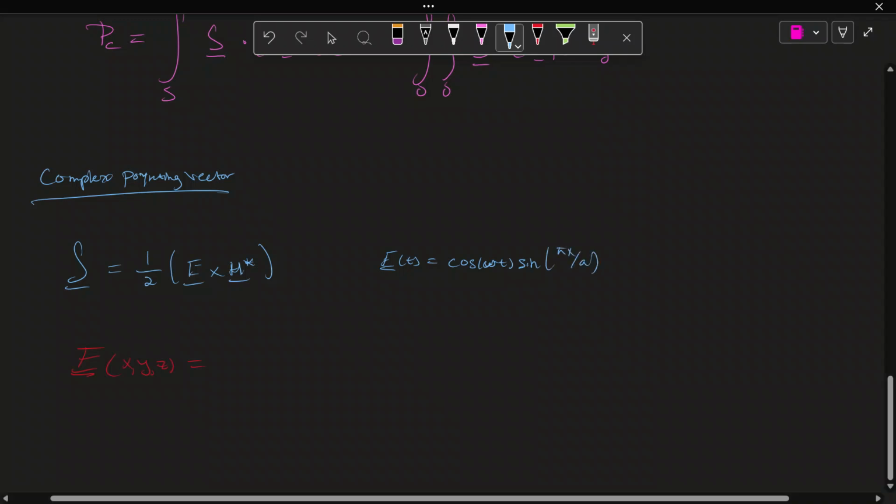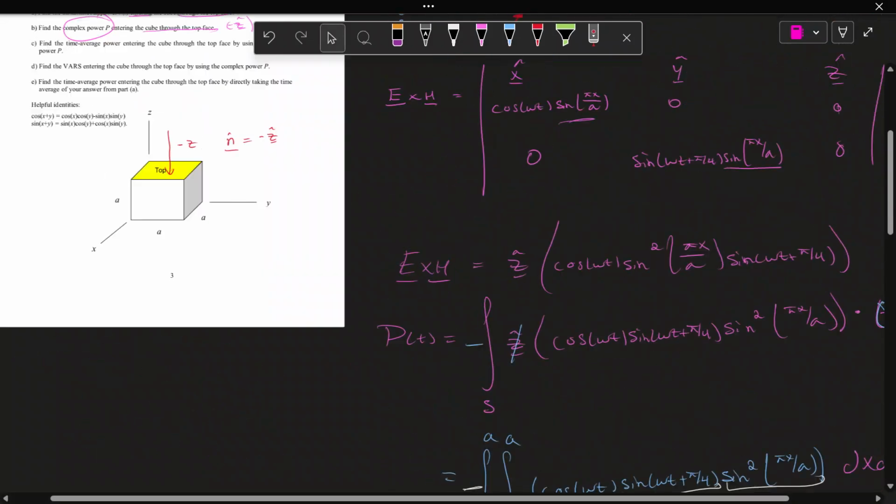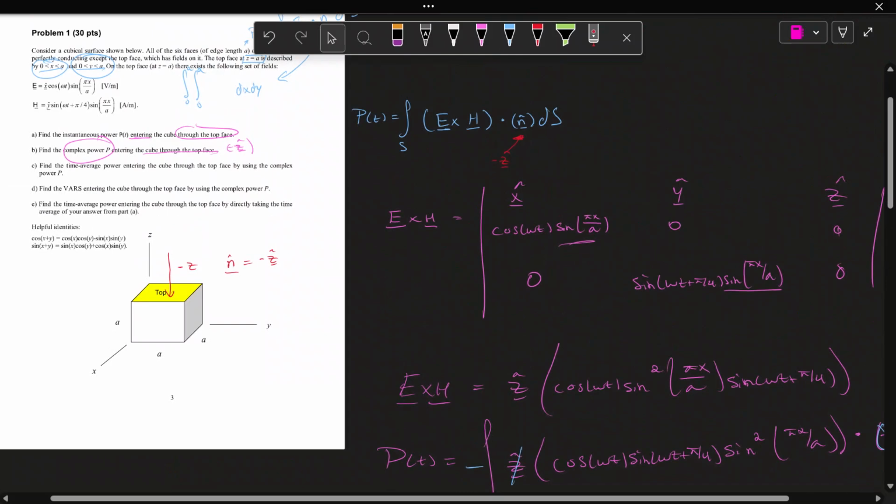Well, we don't want any times, so this becomes e to the j 0, because we have no phase shift. So this is equal to e to the 0 is equal to 1 times sine pi x over a. Now H in the time domain is sine omega t plus pi over 4.